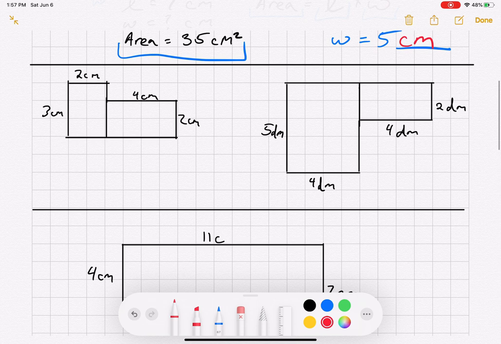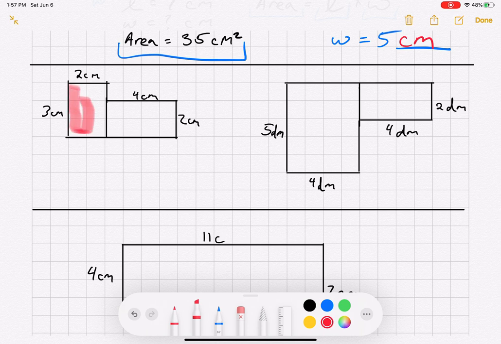Moving down, oftentimes we won't have a precise rectangle. We'll have a couple different shapes of rectangles in there. So how would I start? The first thing I'm going to do is color the shape in.